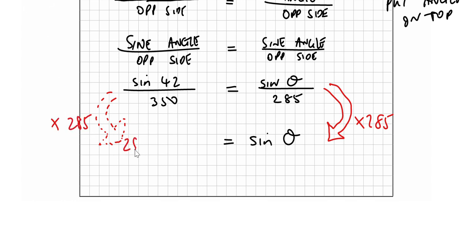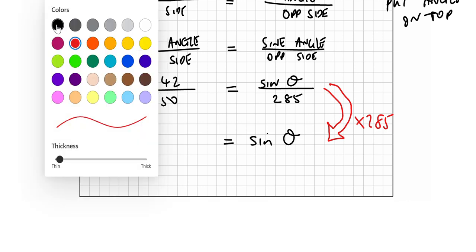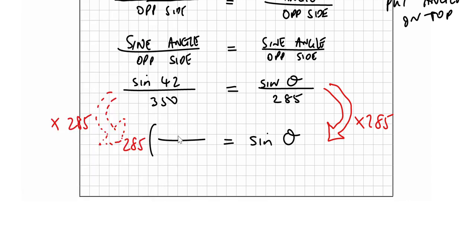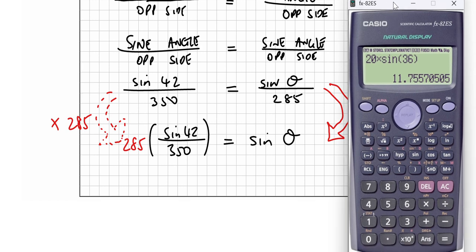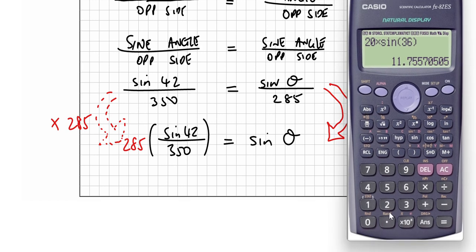So this is where the calculator comes in here. You get your calculator and you say 285 multiplied by sine of 42 over 350. So let's get the calculator up there. That is 285 multiplied by, or just put in your brackets, it's fine, sine of 42, close that bracket, go down below, over 350, and I'm going to close off the overall bracket, and press equals.